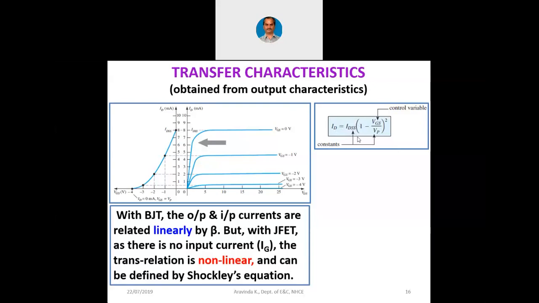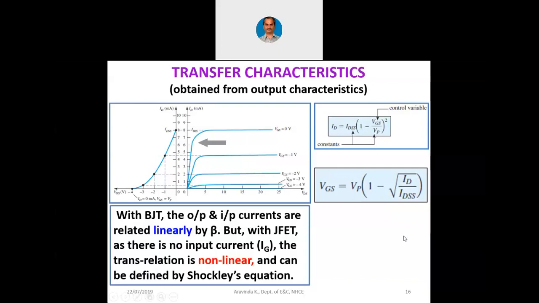Now the same formula can be slightly rewritten in terms of VGS itself: VGS equals VP into 1 minus square root of ID by IDSS. It is the same formula rewritten so that at the left hand side we have VGS, because in the earlier equation at the left hand side we have ID.